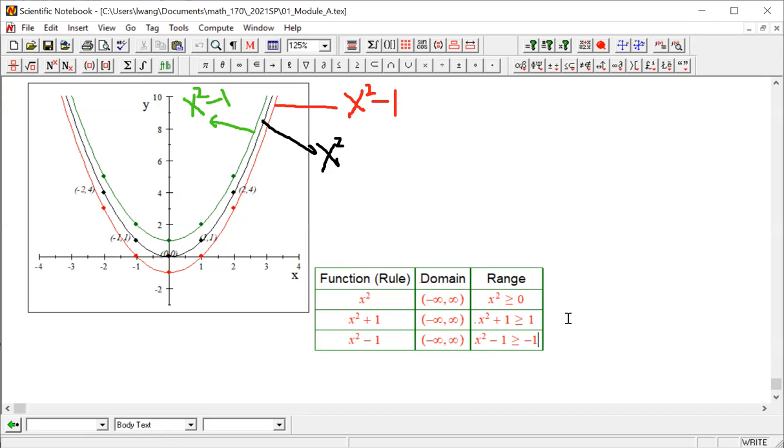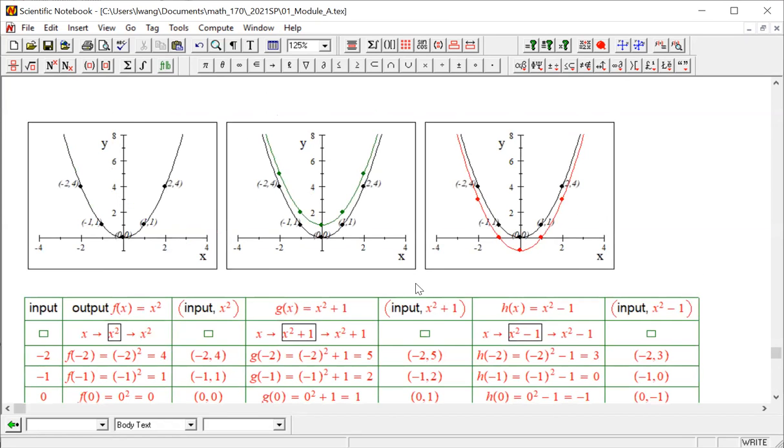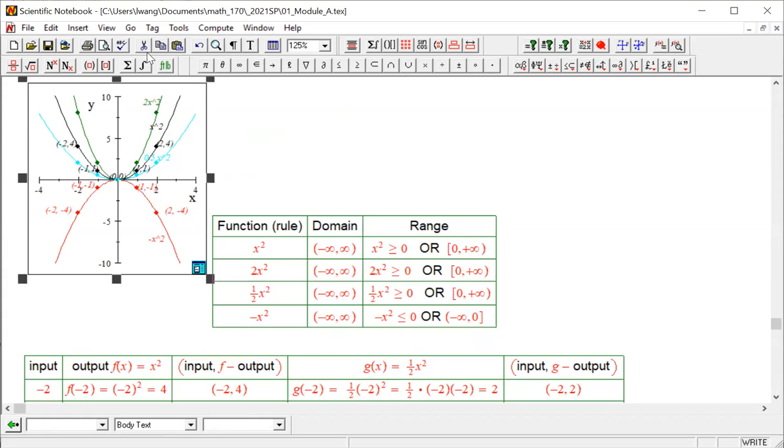Okay, so now let's observe some other characteristics of these pictures. So now I'm going to bring all the pictures together, all the graphs we have done so far. So we've done this graph, and we have also done these other pictures.